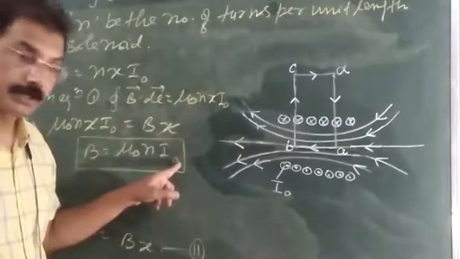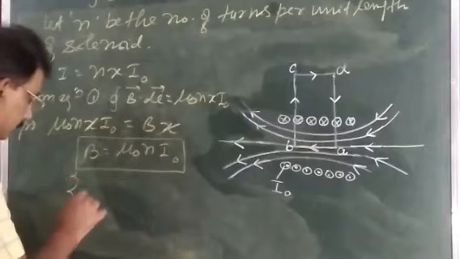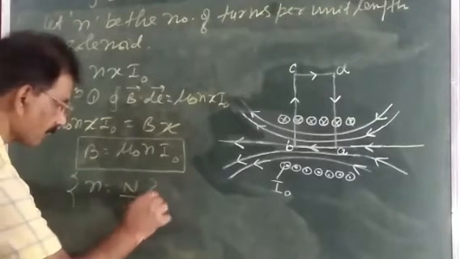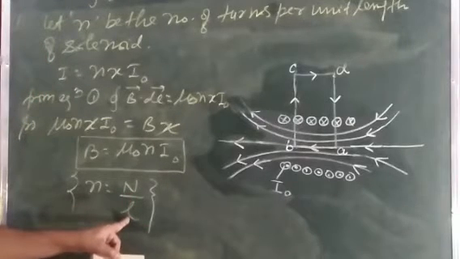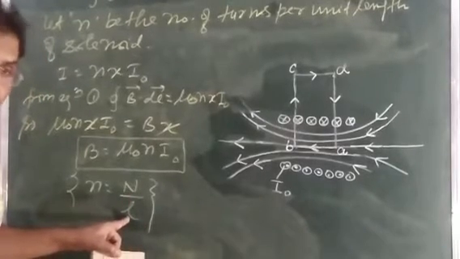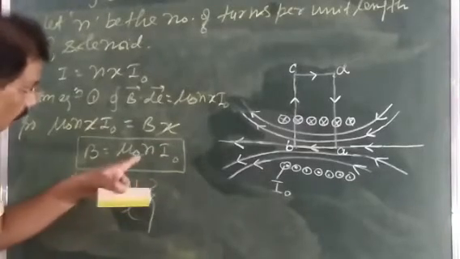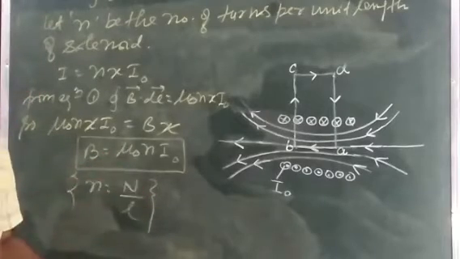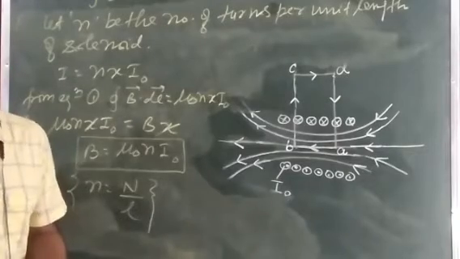Current in that solenoid here. And remember this, we can write here n is equal to N by L, where N is the total number of turns and L is what here? Length of the solenoid. So if the total number of turns and length are given separately, then how can we find the value of n? N by L. So in this way we can derive the expression for the magnetic field due to a long solenoid.